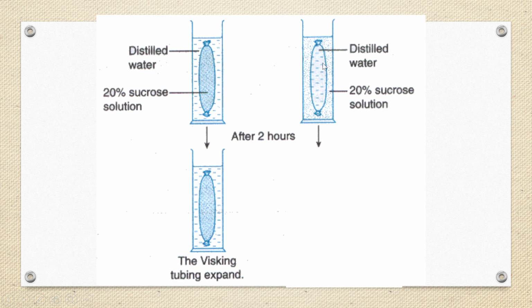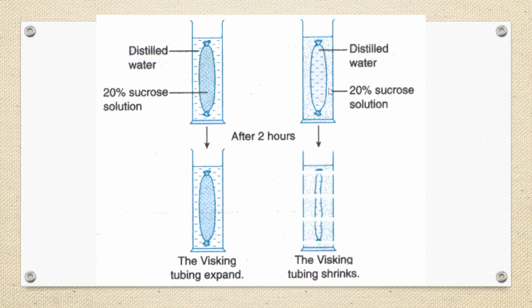Okay, how about this? Now you can predict already. These two regions, which one has higher water potential? Definitely it's the distilled water. So what happens is that the water molecules from within this compartment are going to diffuse out to the surrounding across the Visking tubing, which is selectively permeable, and therefore kalau air semua keluar, so what do you expect to see?